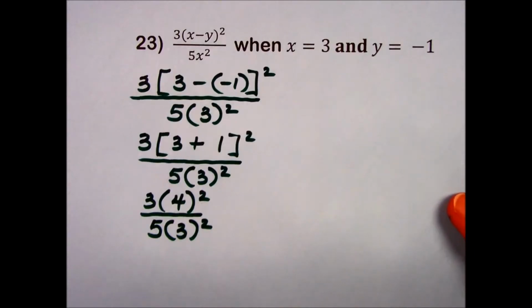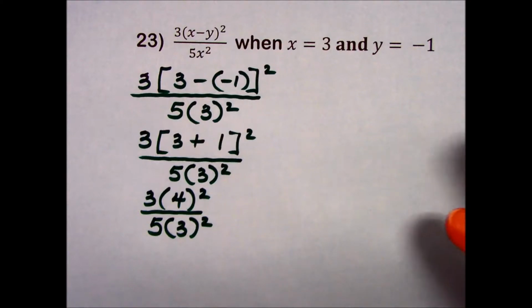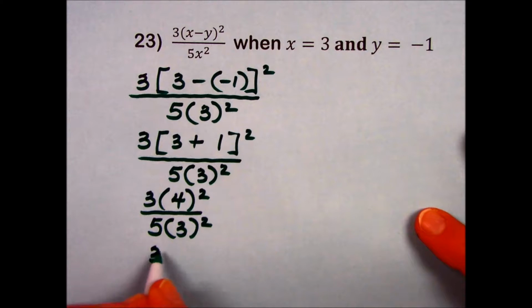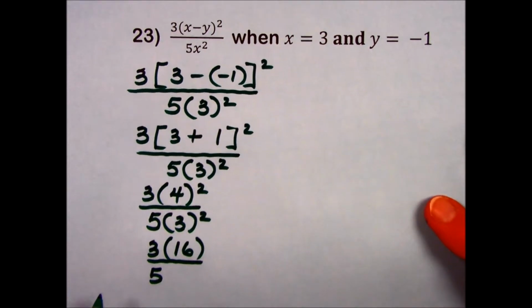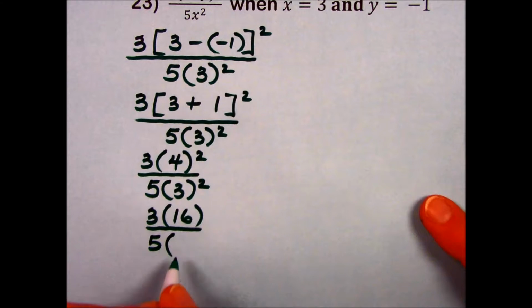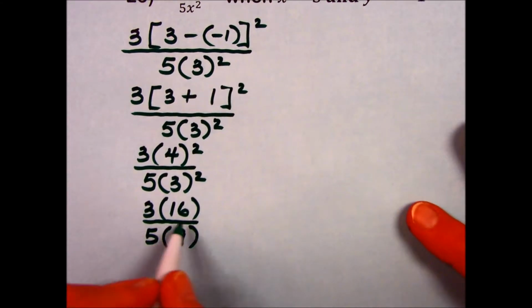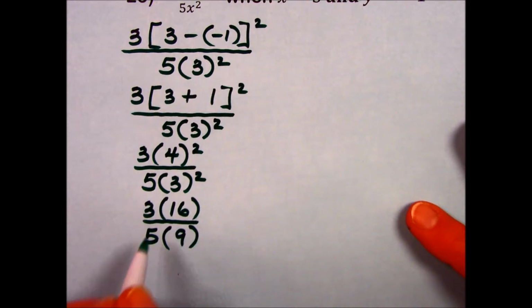Looking at what we have in the expression, powers are our next priority following the order of operations. 4 to the second power means 4 times 4, which is 16. And then the denominator, 3 to the second power, can be replaced with the result from 3 times 3, or 9. As I mentioned, before we do the division, we need to simplify the numerator and simplify the denominator.